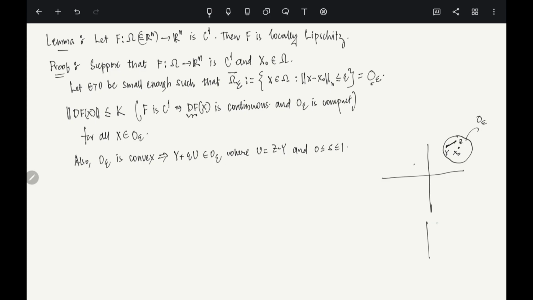Let's check. y plus s u, with u equal to z minus y, turns out to be 1 minus s times y plus s times z. So you do realize if s lies between 0 and 1, this will lie in O epsilon. If y and z are in O epsilon, then s times z plus 1 minus s times y has to be in O epsilon. This is what I am writing here in short hand.